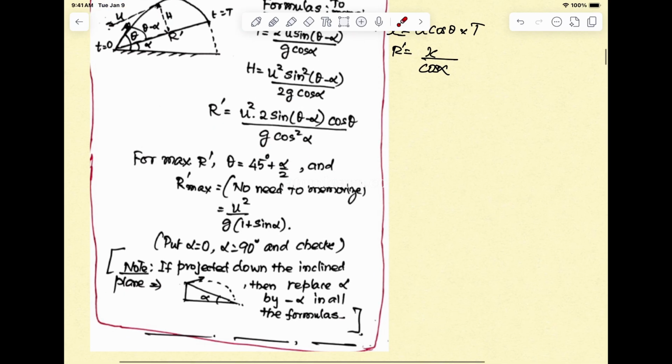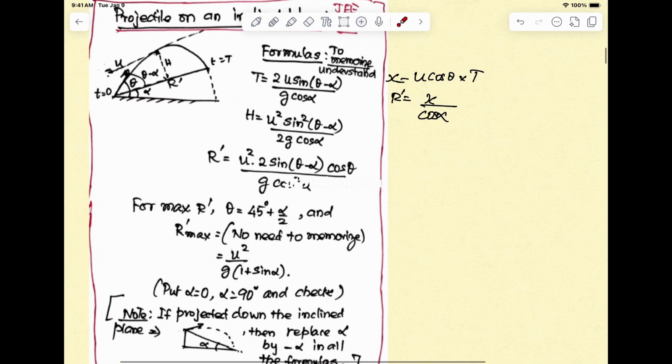Now, what about maximum r dash? Similar to ground to ground, where r max is obtained at an angle of projection theta equal to 45 degrees, this point you know. Here the only change is that when you do the differentiation and equate it to 0, you get r max at theta not 45 degrees but 45 plus alpha by 2.